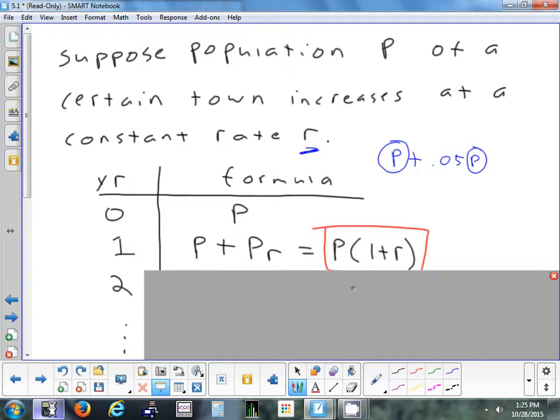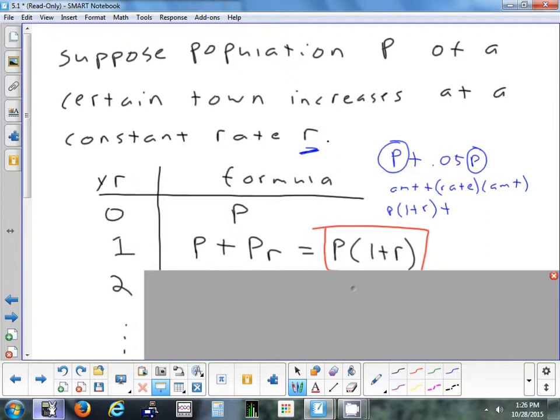Right, so I just said before, it's your amount plus rate times amount. What's the amount of people that I'm going to start off with now in year 2? It's not P anymore, it's what? P times 1 plus R. That's the amount of people I have now. So my amount of people is P times 1 plus R plus, okay, what's my growth rate?